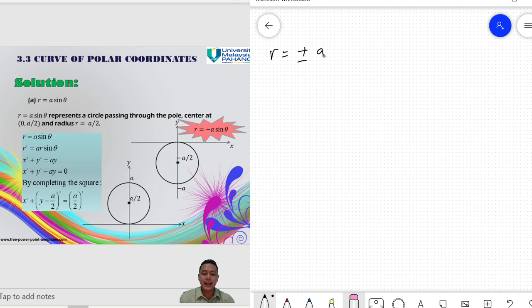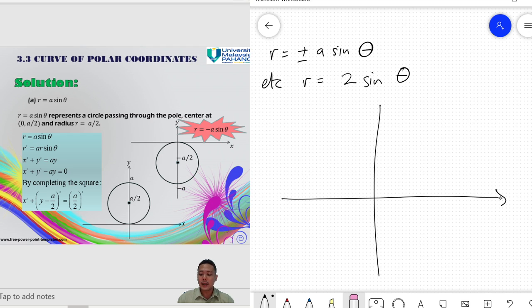plus minus A sine theta. So the keyword here, if sine theta, it lies on the y-axis. So let me put a value. For example, r equals to 2 sine theta. And we put x-axis and y-axis. So 2 is a positive 2. So you imagine the 2 is here.